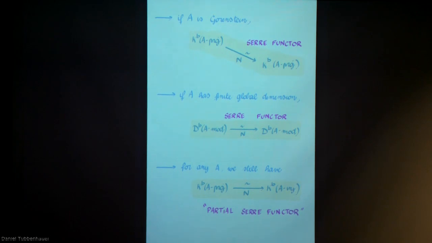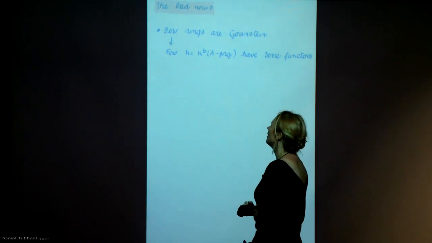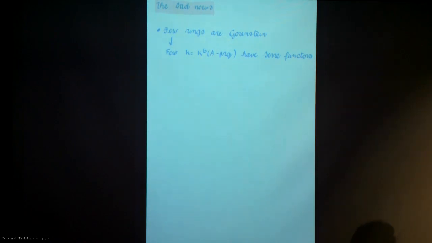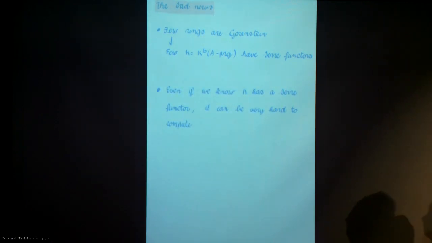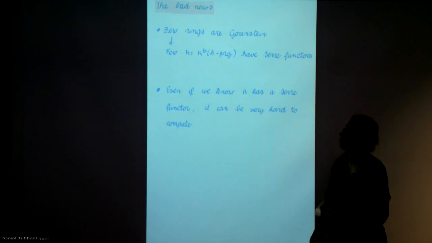All right. So the bad news: very few rings are Gorenstein, and so few homotopy categories have Serre functors. Now suppose that we know some category has a Serre functor, it could still be very hard to compute.